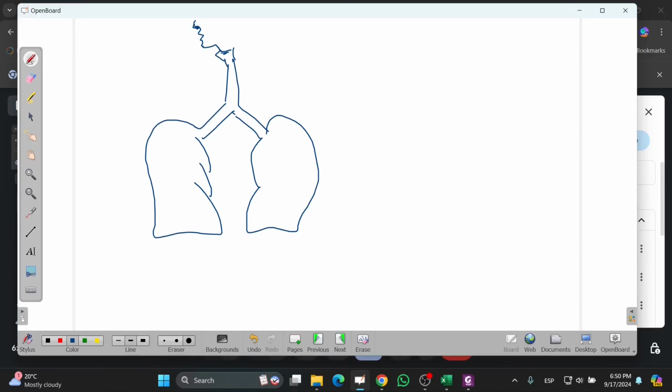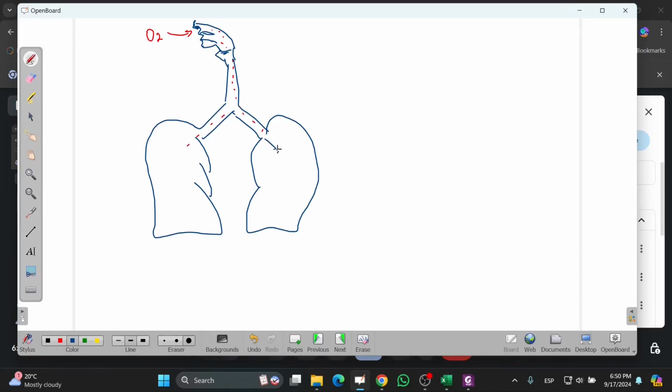Your nose. And then oxygen, you see, is taken in when you breathe air. When you inhale air, a lot of oxygen will go to your lungs.